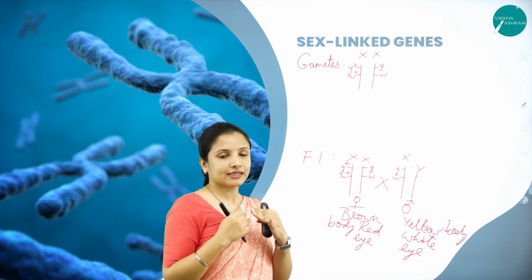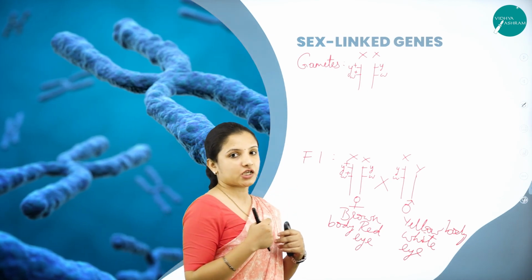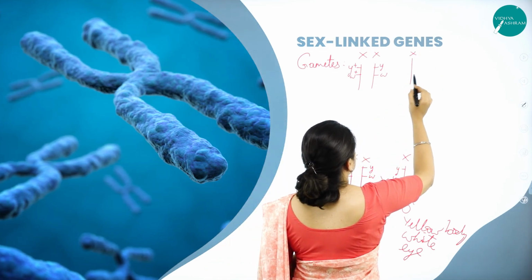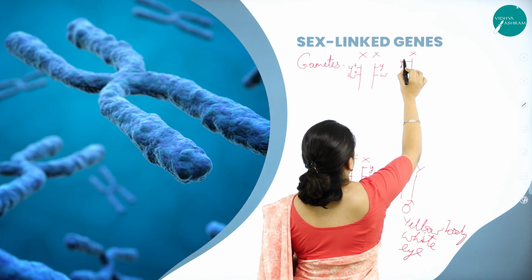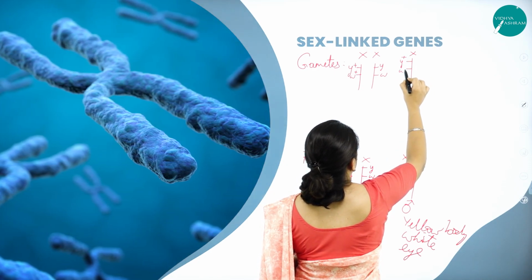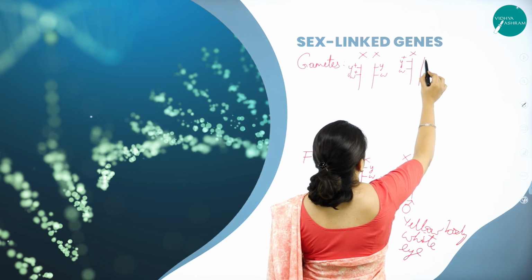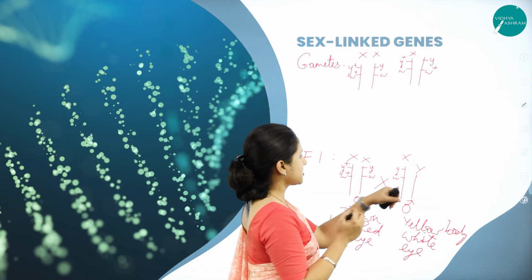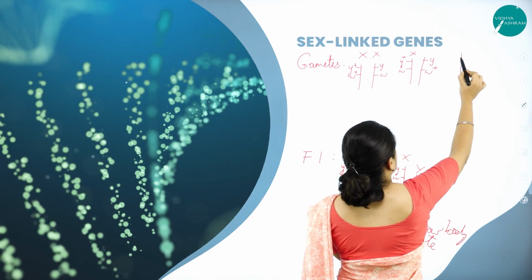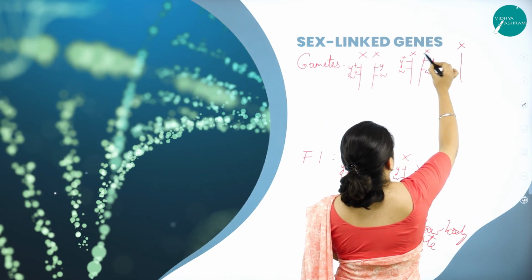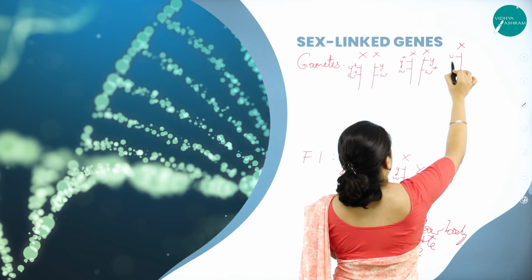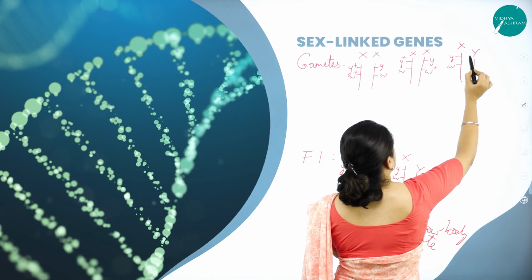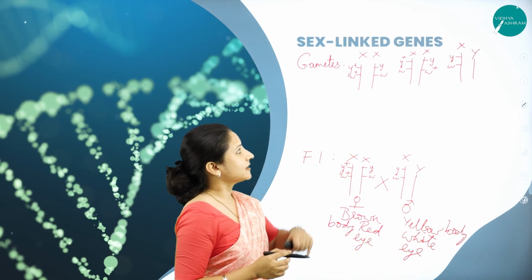So consider in the F1 generation one recombination has occurred. So what will be y plus w, y, w plus, and next one more gamete, that is y, w, Y. So these are the gametes involved.